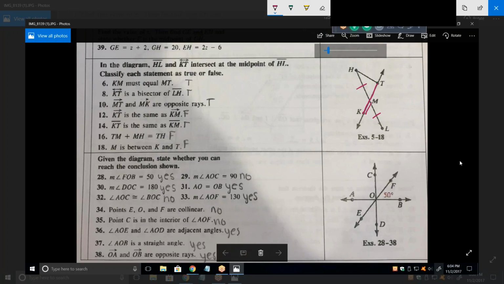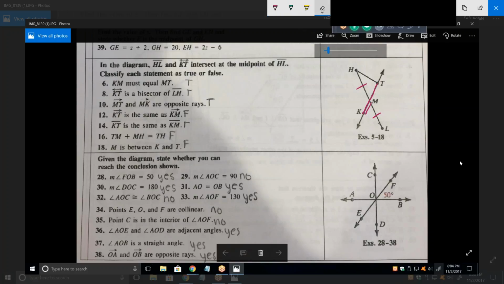All right. Okay. KT is the same as KM. It's the same thing. What am I missing? Oh, now I get it. This says ray KT is the same as ray KM.